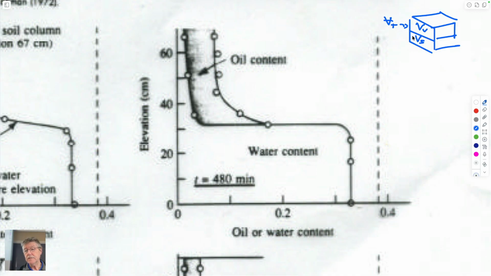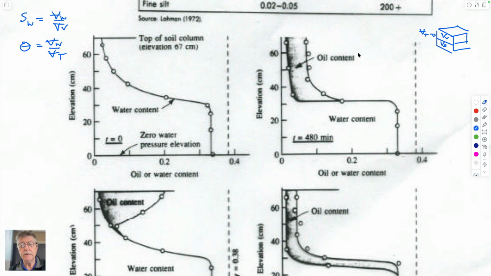So this is quartz, the volume of quartz, the volume of voids if you could centrifuge it down, and the volume total. And so, perhaps a long-winded way of saying that the way that soil scientists define saturations as volumetric moisture contents, oil or water contents, is by volume relative to the total volume, not by the void volume.